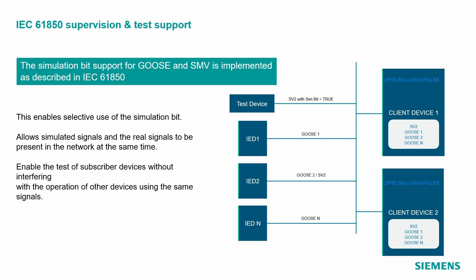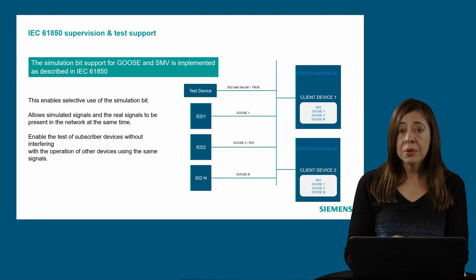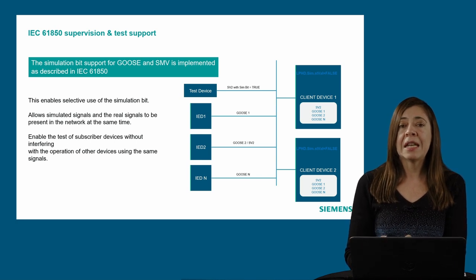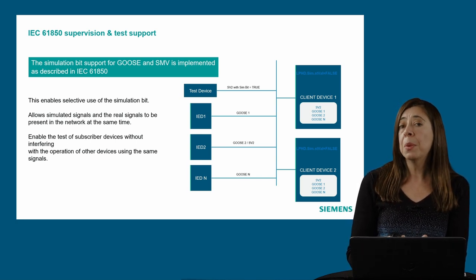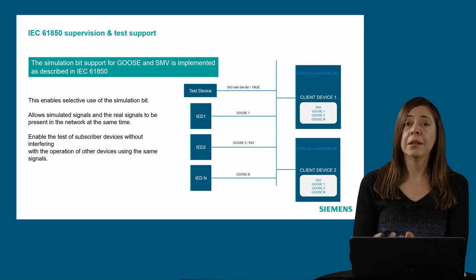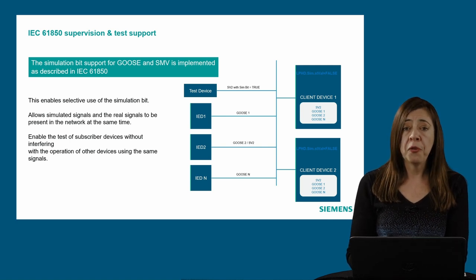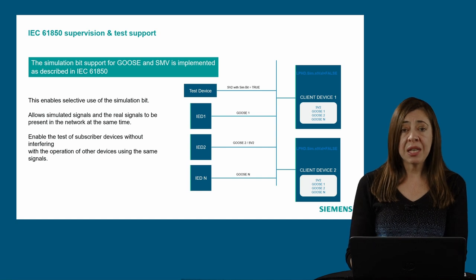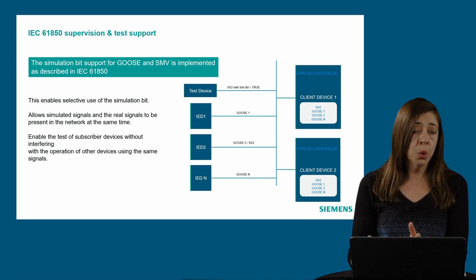In this example, we are sending different GOOSE messages and one sampled value from the IED 2, and then we are also sending one sampled value equal to the one that is released by the IED 2, but from a test device with this simulation flag on. The two protection devices are receiving the operational values because right now they are in operative mode.